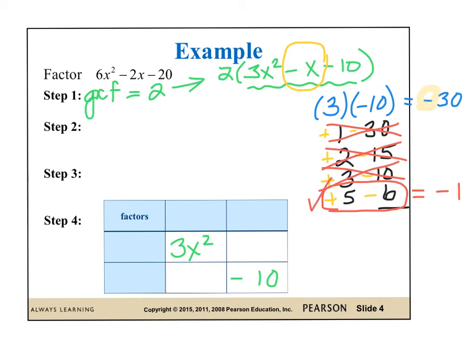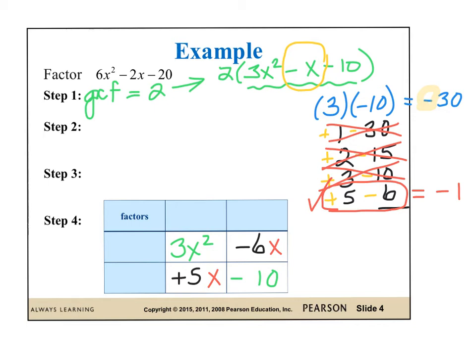And so that's our factors. So we know that we have to have an x in both of these, because the middle term is x. And we know that the numbers that we need to go with that x are going to be positive 5 and -6. And just as before, it makes no difference which box you put which number in.